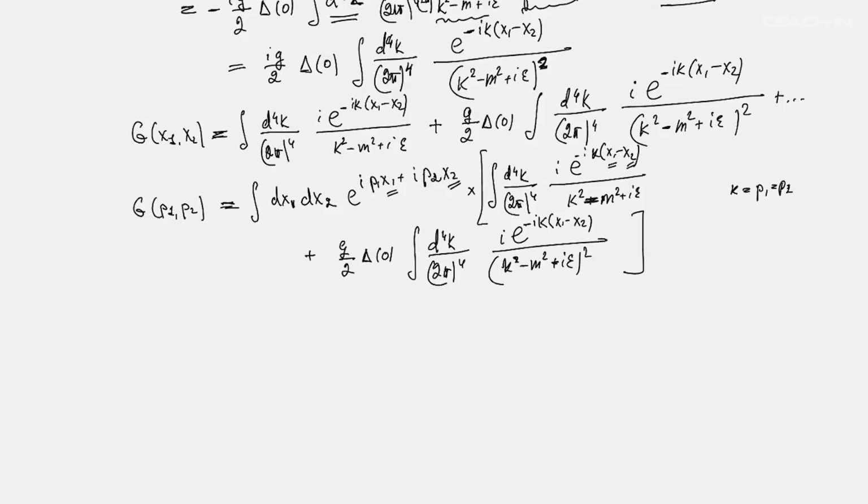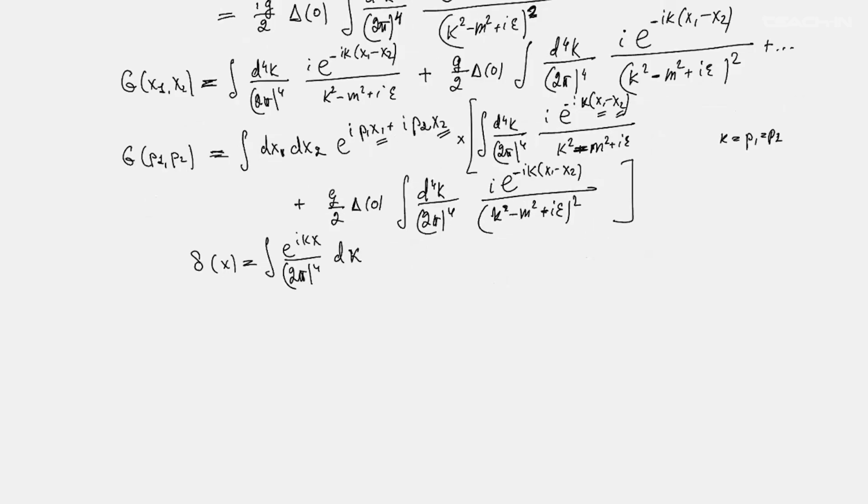So delta function, let me remind, is defined in this way. And this means that the connected Green's function in momentum space, G on x1, x2, G on p1, p2, is the following expression: (2 pi)^4 delta function of p1 plus p2.